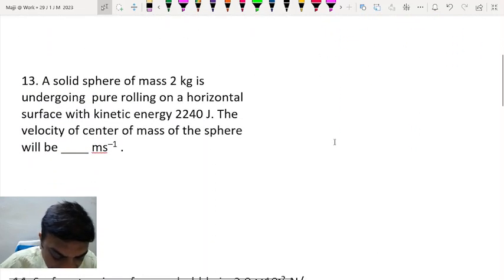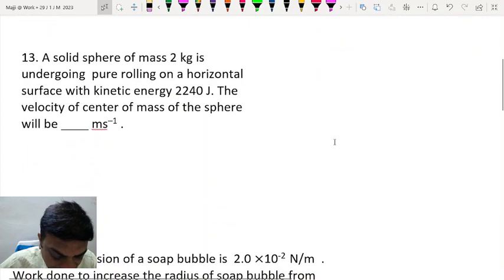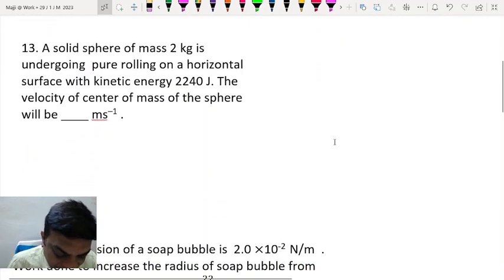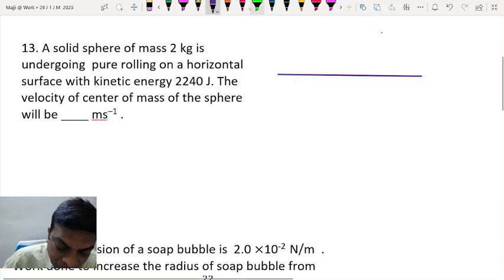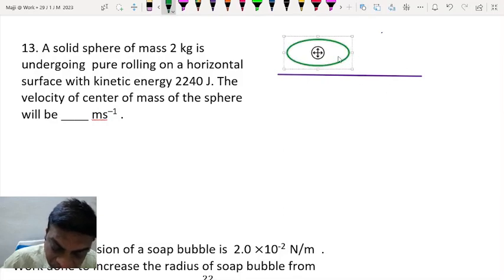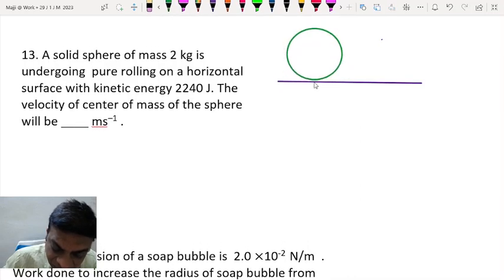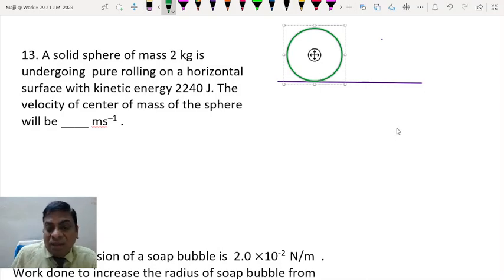A solid sphere of mass 2 kg is undergoing pure rolling on a horizontal surface with kinetic energy 2240 (as given). The velocity of the center of mass of the sphere is? Now, this is also a simple question based on the total kinetic energy of a rolling body. As you know, a rolling body simultaneously performs two kinds of movement. One is rotational about its axis, and the other, the axis itself undergoes translatory motion.